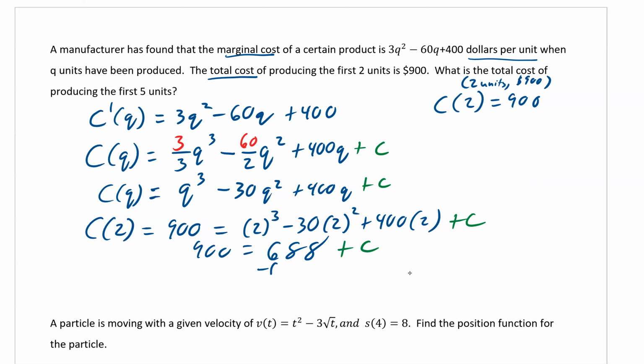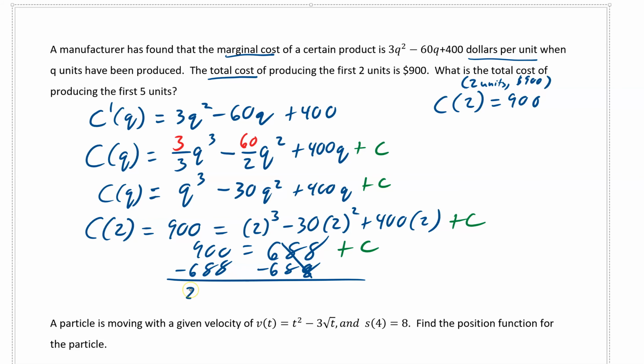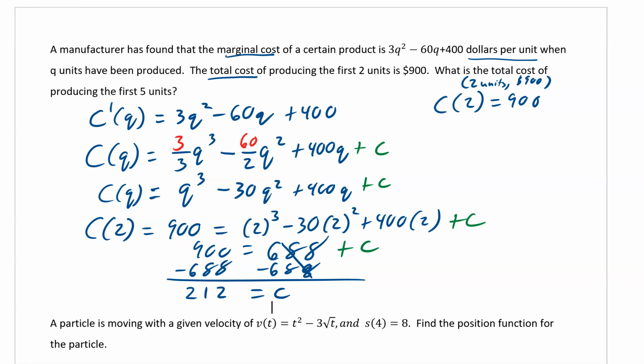And now a quick subtraction, and we've got our C. That would give us 212. So now we have our C, and so we can come back up and now do part 2.